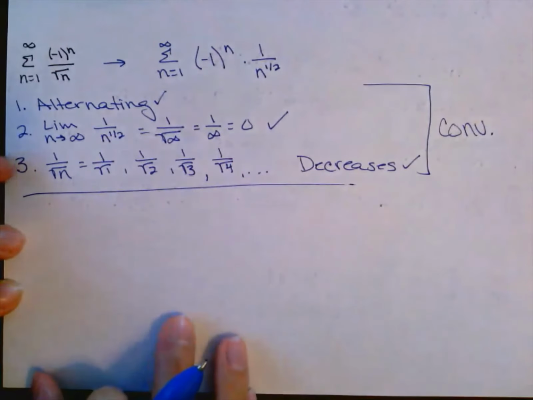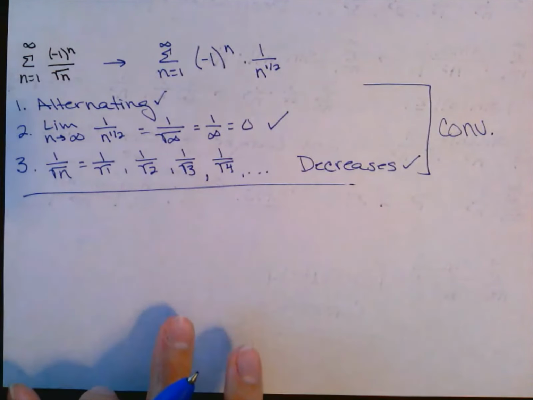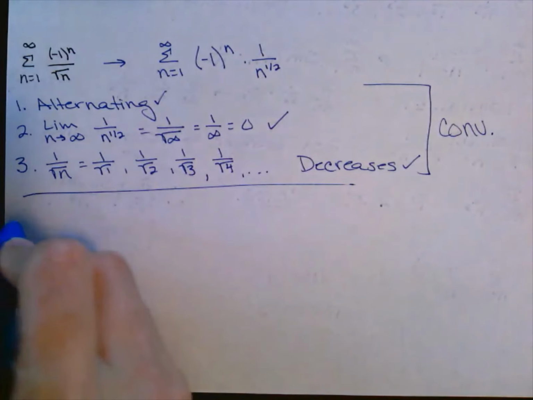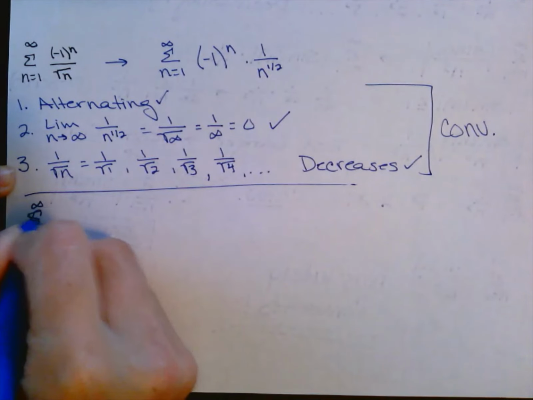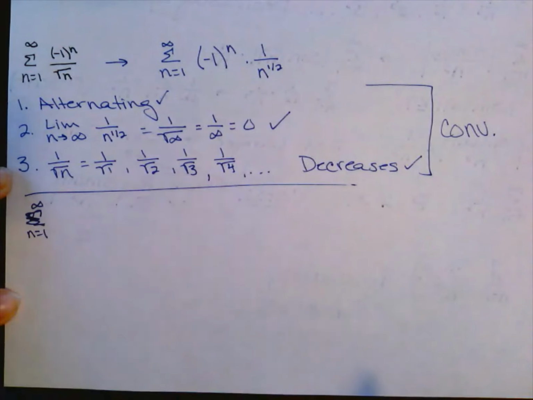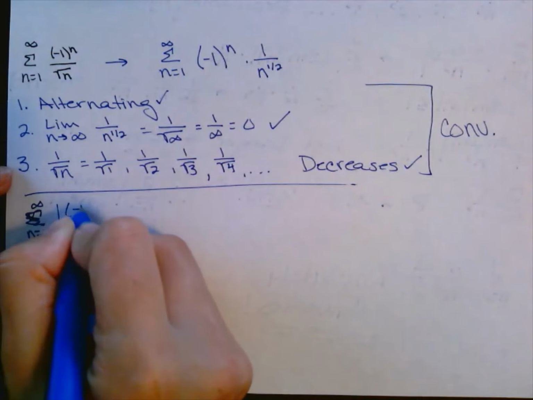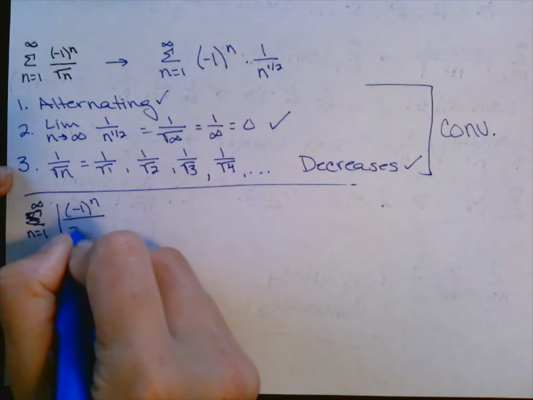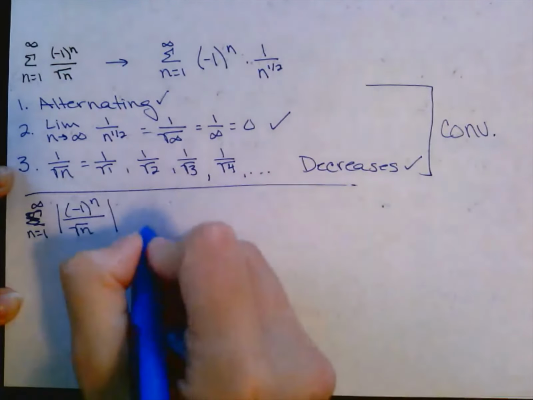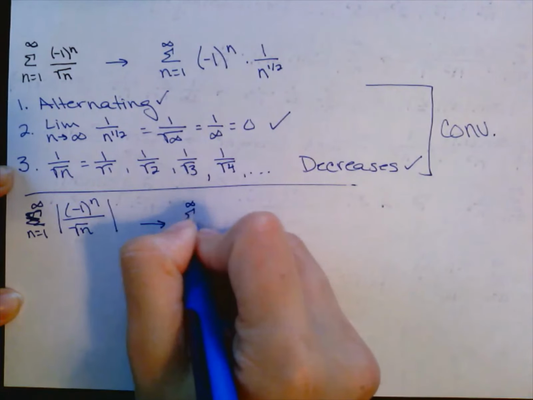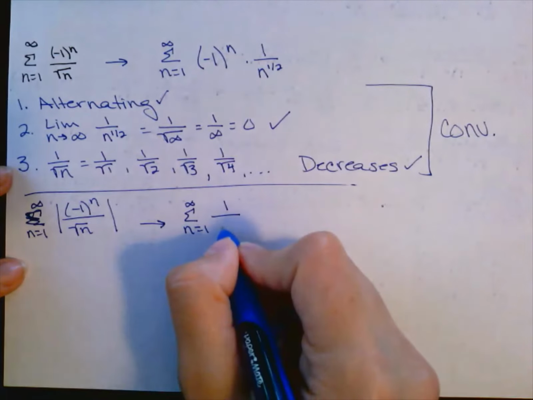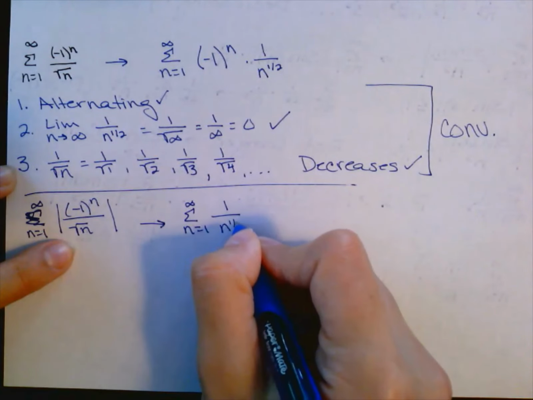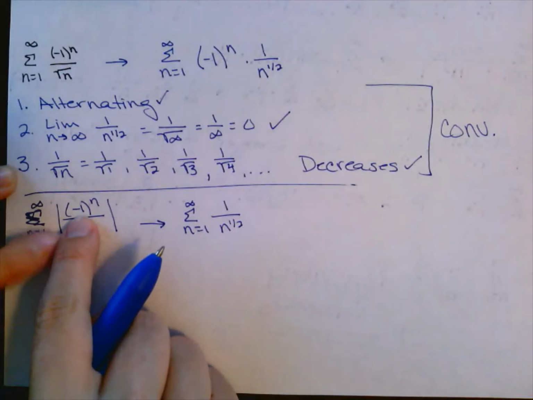I'm going to draw a line to now check if it is conditionally or absolutely convergent. I do that by testing the absolute value of the original. Oops, sorry about my E there. Okay, so the absolute value is just going to eliminate that numerator, okay? And I'm going to be left with 1 over, you can write square root of n or n to the 1/2. Again, this eliminates because all this does is change the sign.